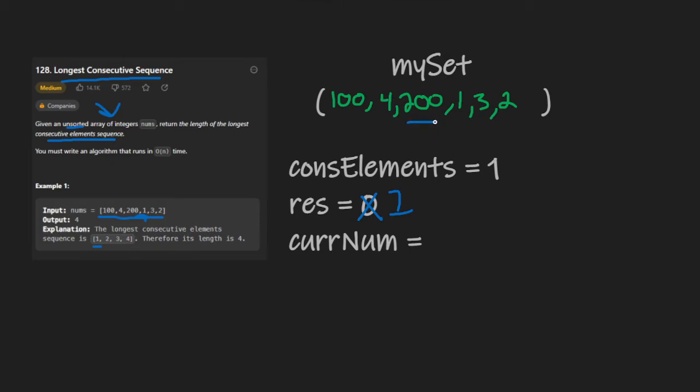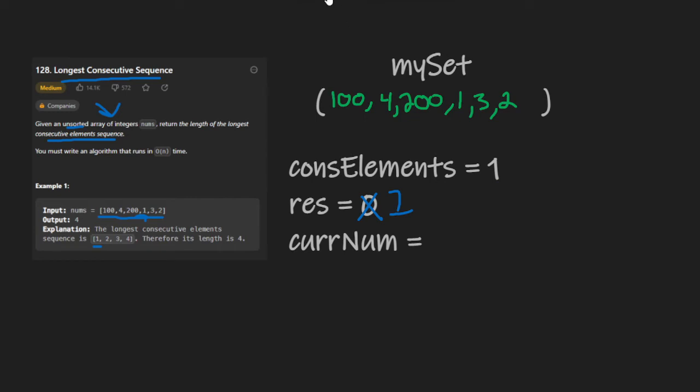Then we're at 200. 200 minus 1 does not exist, so we're at the lowest number in a sequence. While 200 plus 1 exists, we would go into our while loop and increment this value. But 201 doesn't exist, so we never get into our while loop.